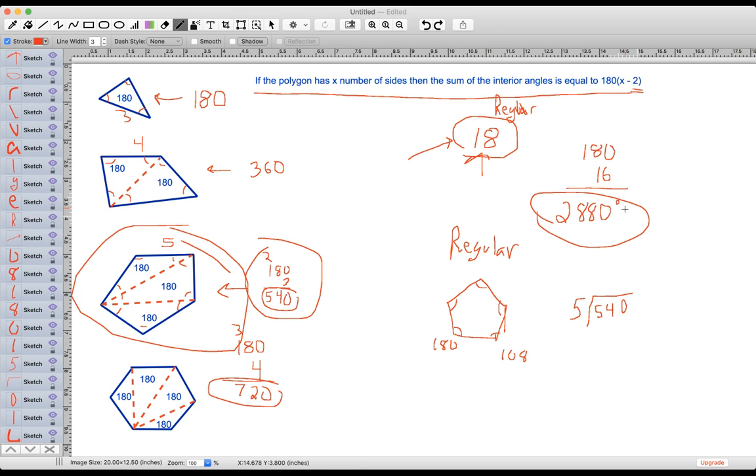So I'd divide 2,880 by 18, and I would find that each individual angle measure was 160. So each of the individual angles in that 18-sided polygon would have an angle measure of 160. And if you took 160 and multiplied it by the 18 angles, you'd get 2,880, which is equivalent to having 16 triangles, each with an interior sum of 180.